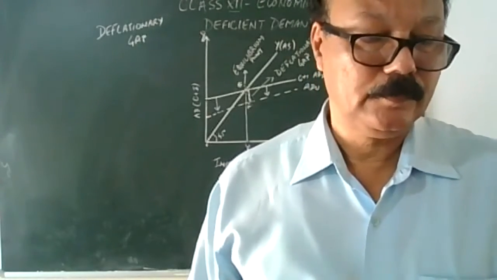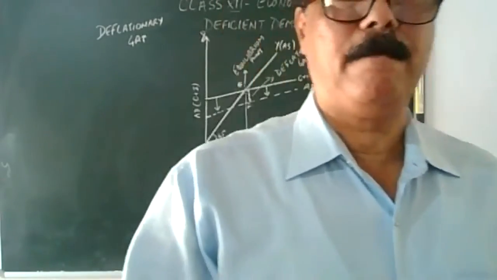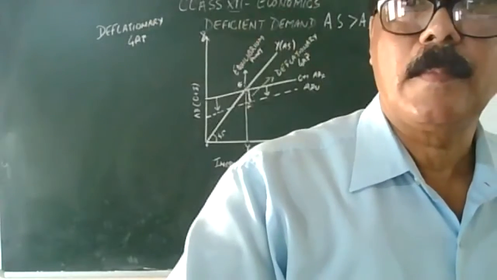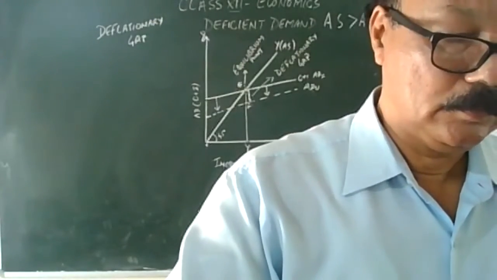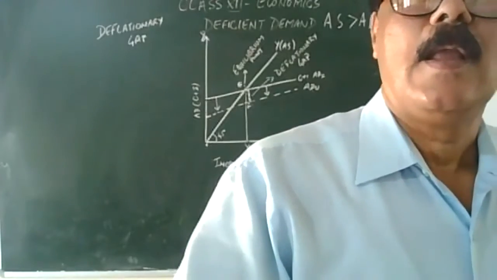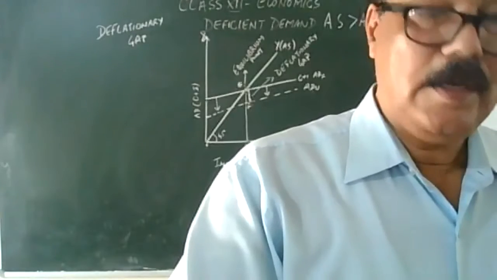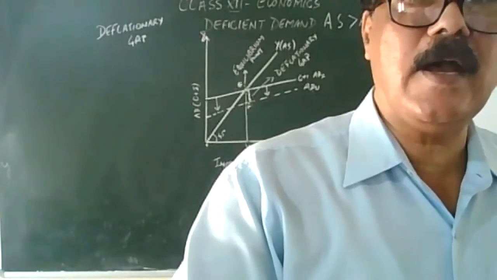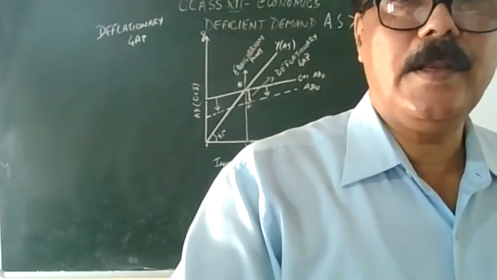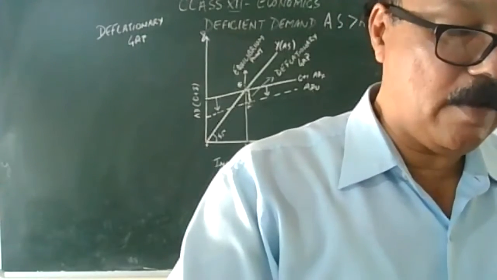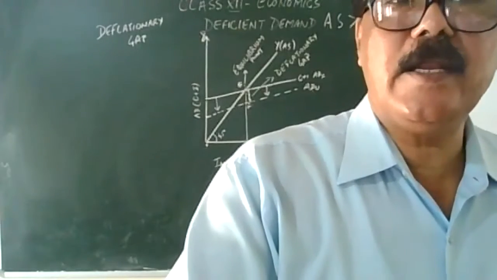Fifth, decrease in money supply. And the sixth point, decrease in disposable income because of a rise in taxes.